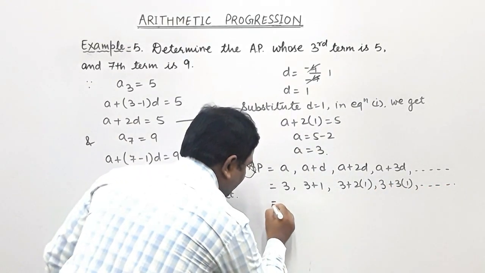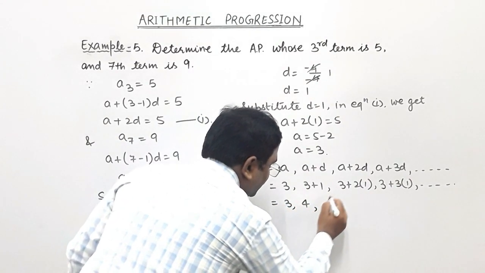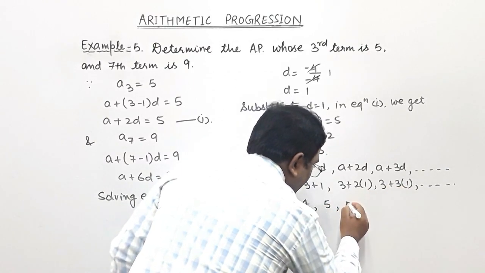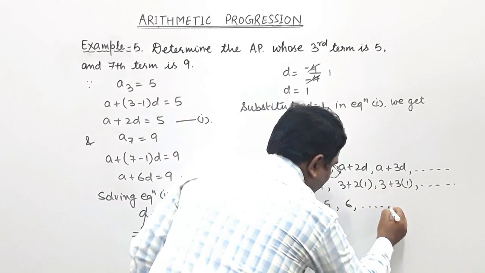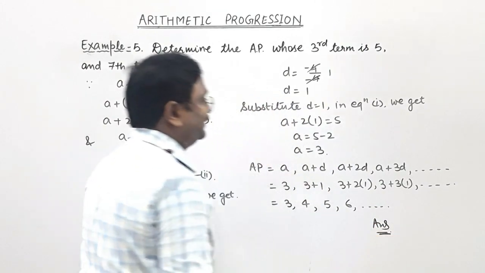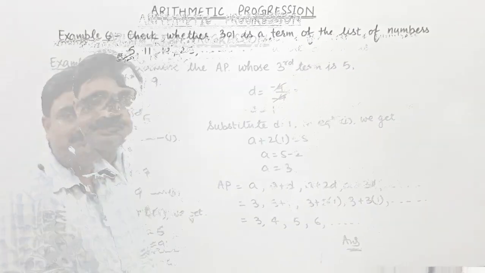So let us solve it. 3 plus 1 is 4, 3 plus 2 is 5, 3 plus 3 is 6, etc. is our series decided. Right, children? Any problem?